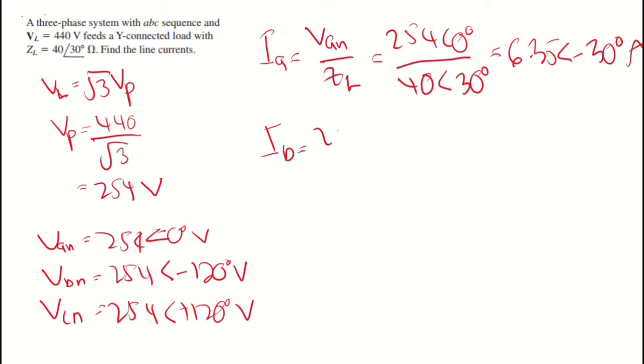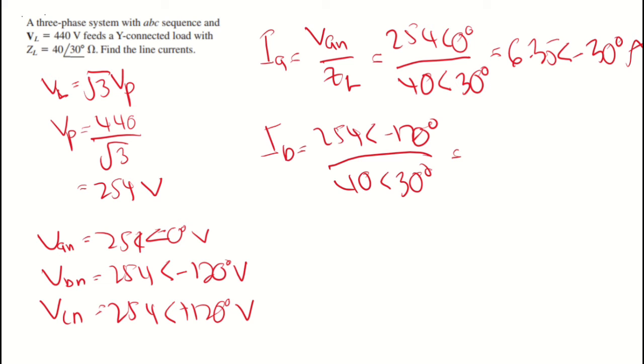For IB, VBN is the same magnitude, 254 angular minus 120 degree divided by the Z load, 40 angular 30 degree.